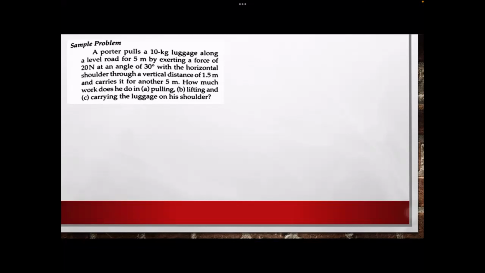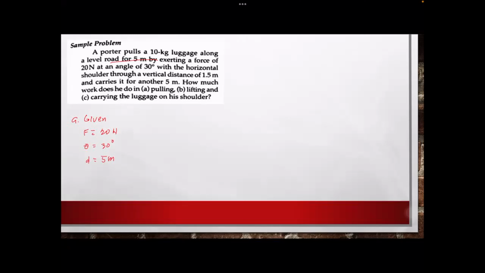Okay, so let's identify the givens in the problem. For letter A, the given force is 20 Newtons. The theta is equal to 30 degrees. And the distance is equal to 5 meters, along the horizontal.